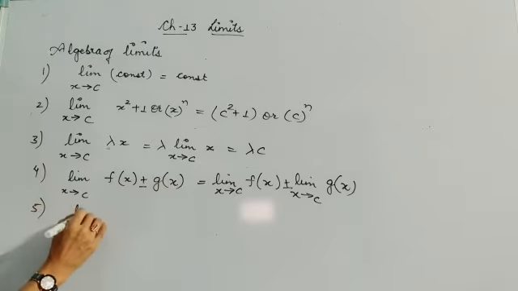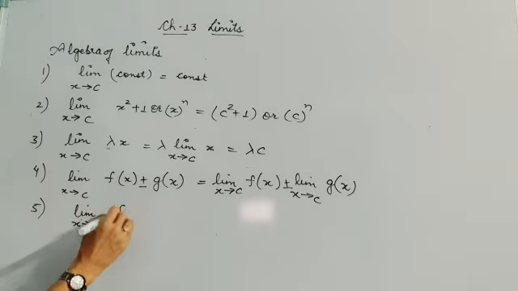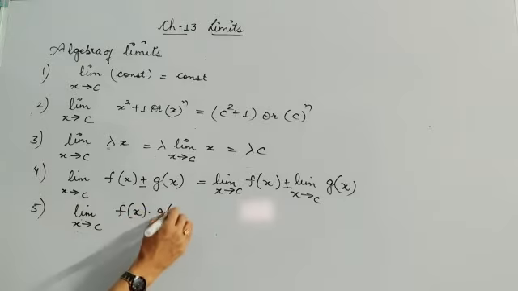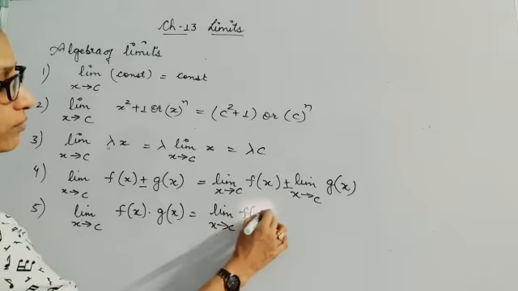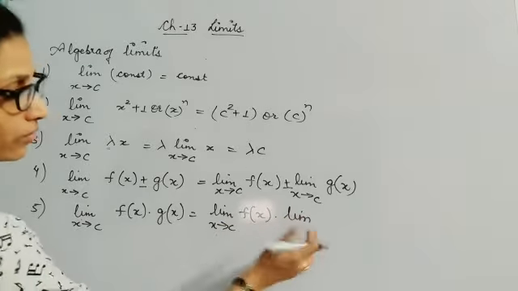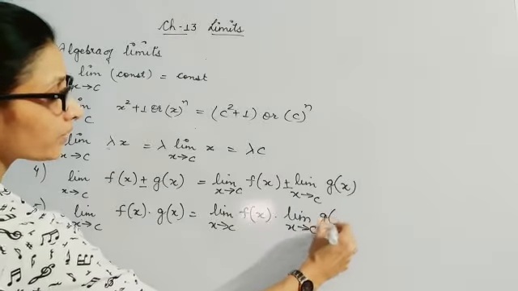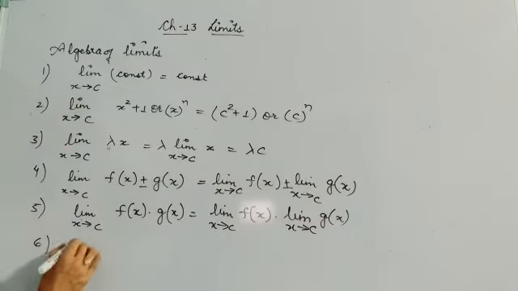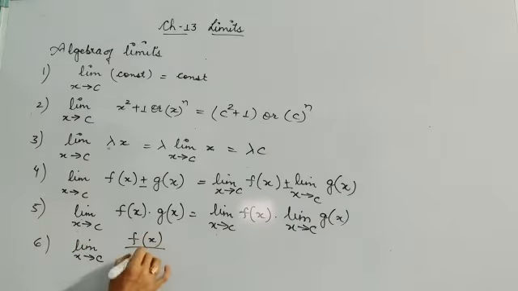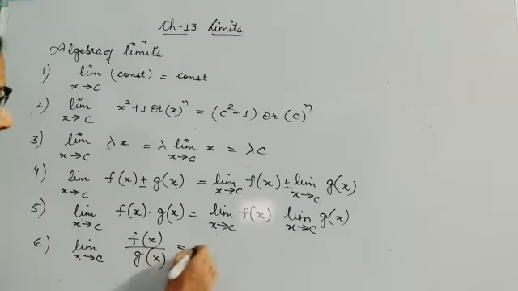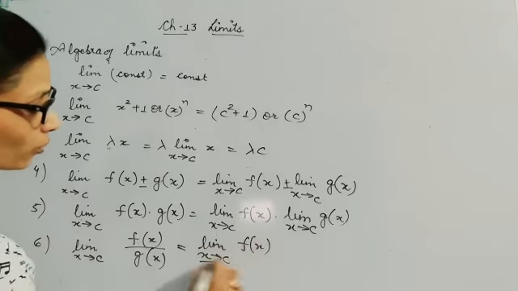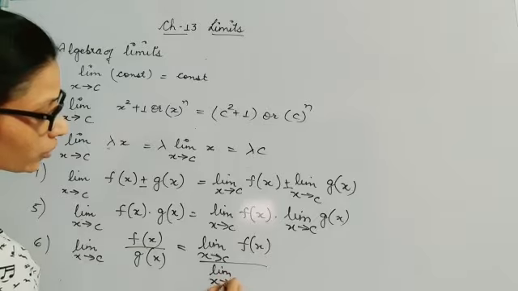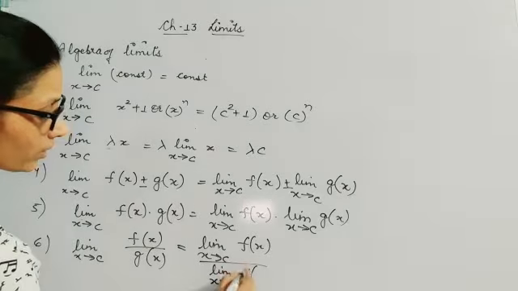If you have limit x tends to c, and two functions are in multiplication, then again you can write this limit for both the functions. That means I can write it in this way. Similarly, if you have functions in division, then again you can write this limit for both the functions: limit x tends to c f(x) whole upon limit x tends to c g(x).